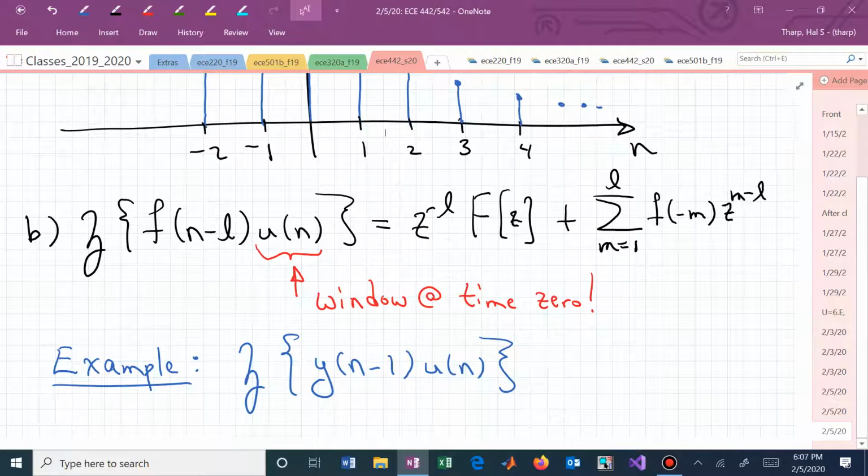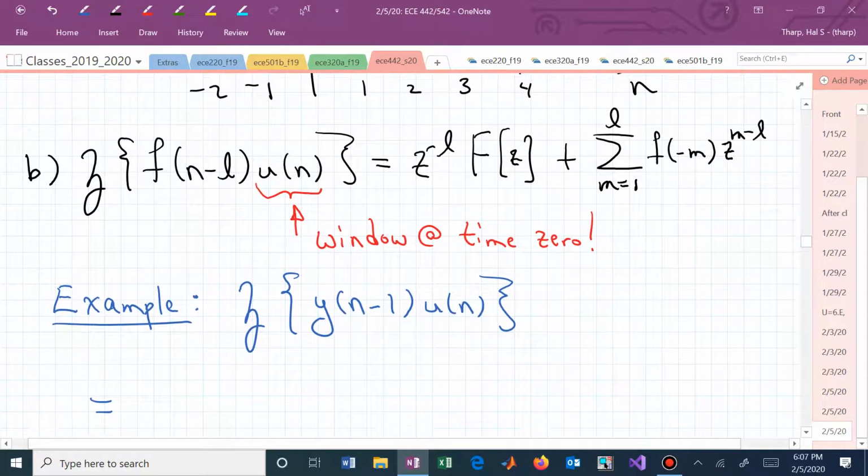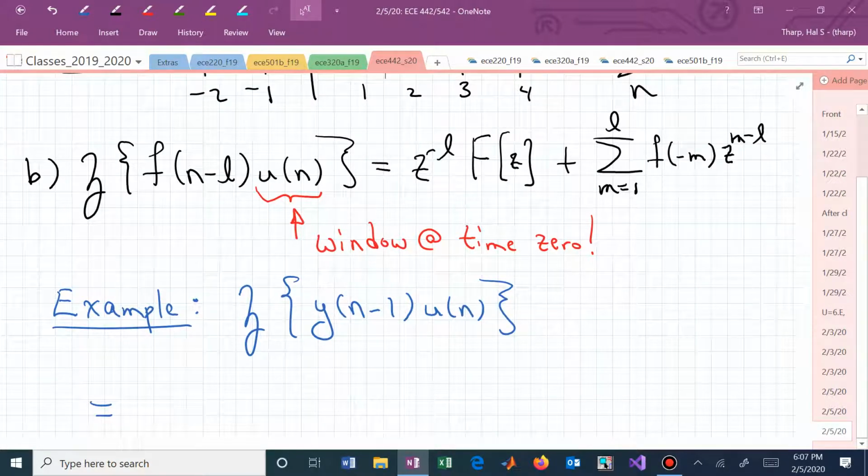Just like when you Laplace transform a derivative, you start having these initial condition pieces added on to s, capital F of s, for example. Suppose now we just look at the case where little l is 1. What does the property tell us the right-hand side will look like?